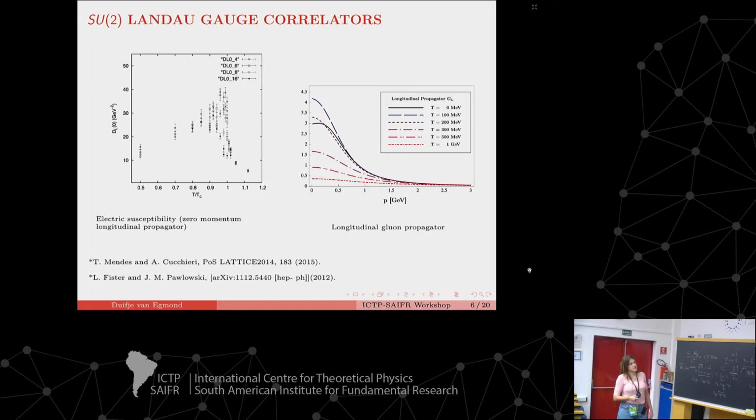Here you see another result from the continuum that was obtained in the context of the functional renormalization group. Here you see the full propagator, and you see somewhat similar behavior, because you see a small enhancement around 100 MeV, but again, no divergence.